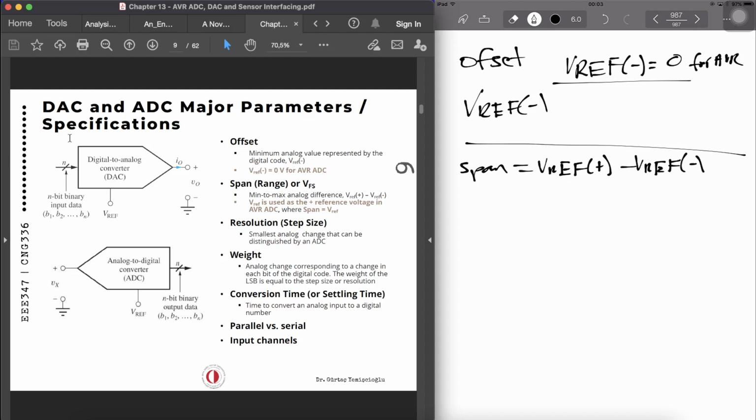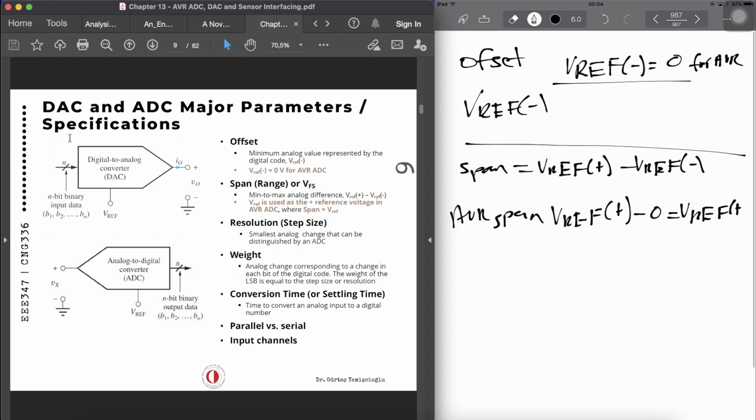And when you think about the AVR span, as VREF minus is 0, you can just have VREF plus minus 0, which equals VREF plus. That's what we are going to use in AVR.